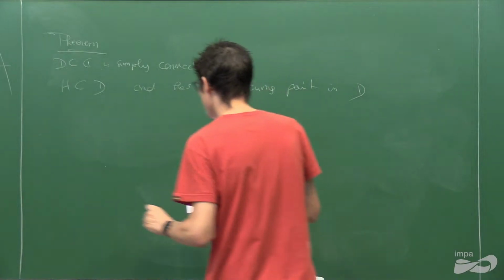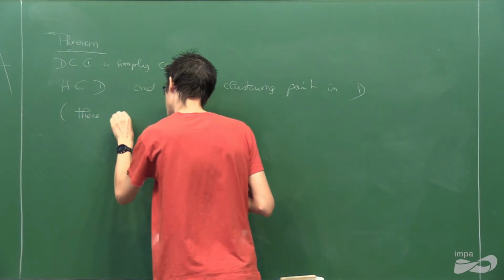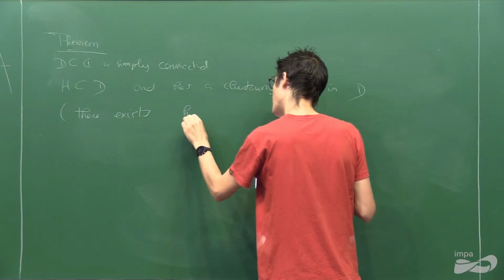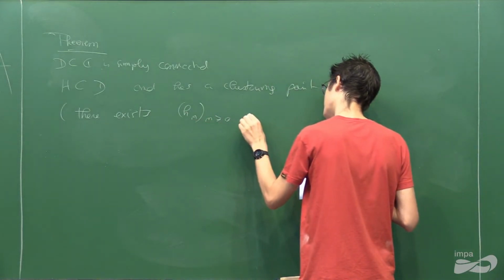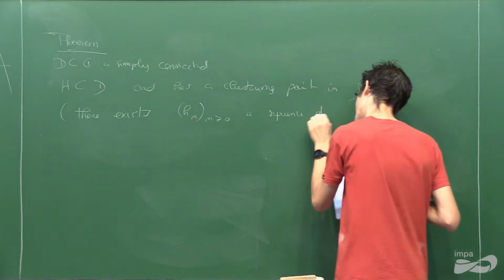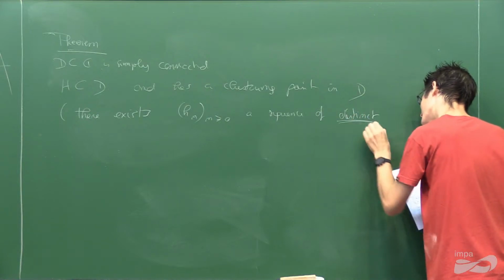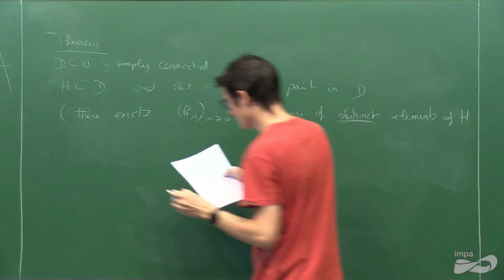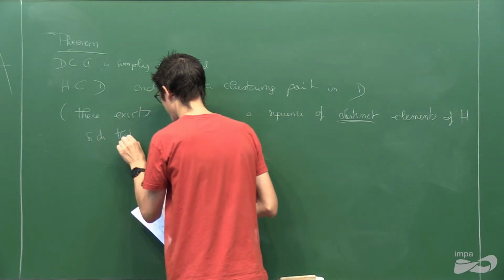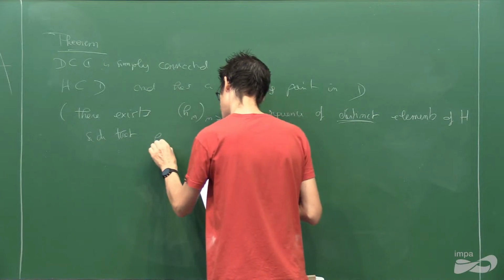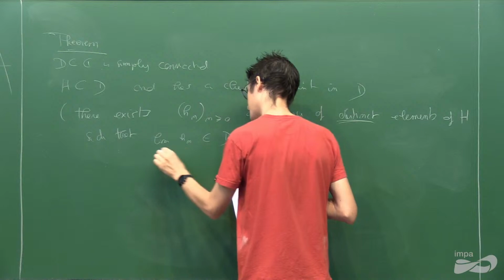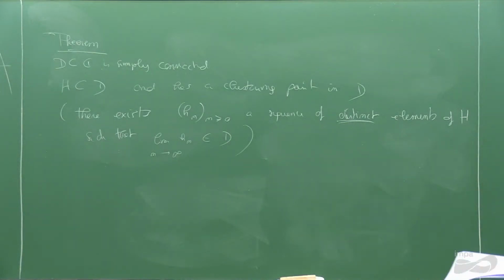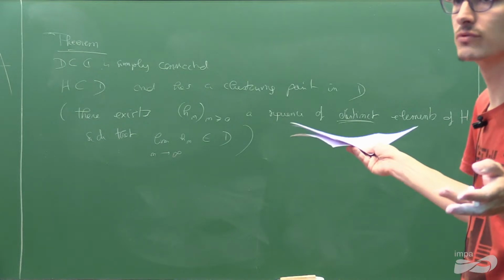So there exists H_n, a sequence of distinct elements of H, so there is no repetition in my sequence, such that the limit of H_n belongs to D. In particular, any uncountable set H would do.